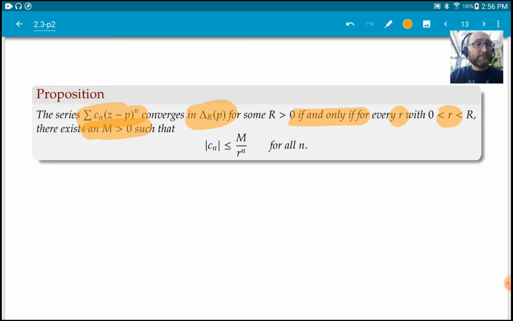there exists an M. This M can depend on the little r, such that you get this estimate over here. That's supposed to be true for all n, of course.